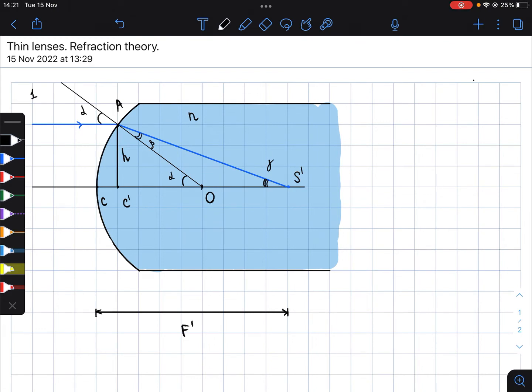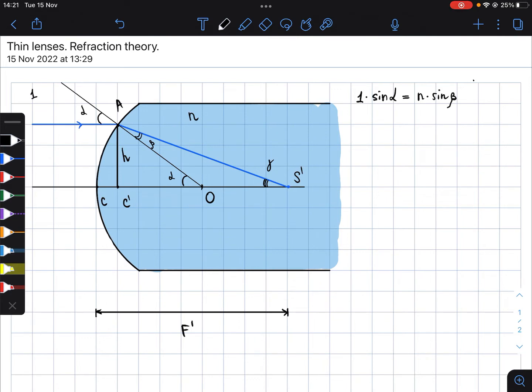Let's write down Snell's law: 1 multiplied by sine alpha is equal to n multiplied by sine beta.